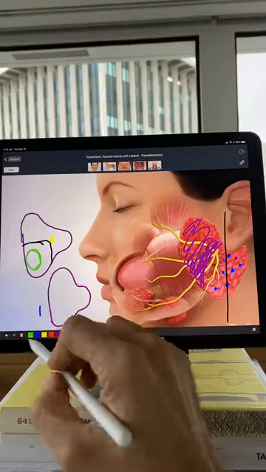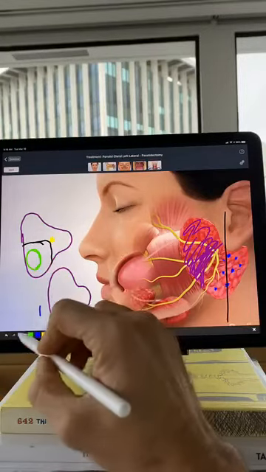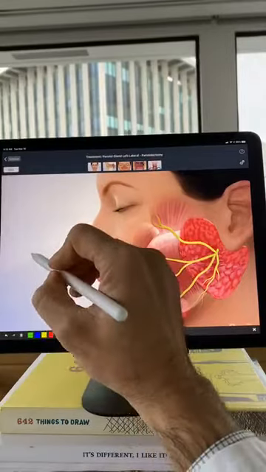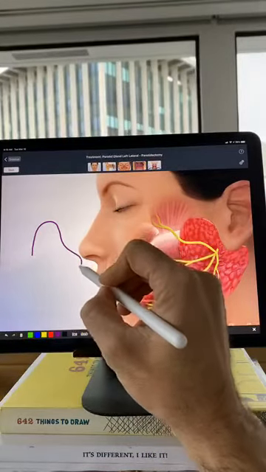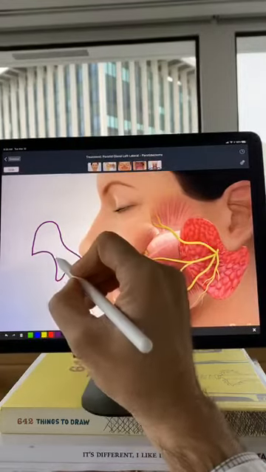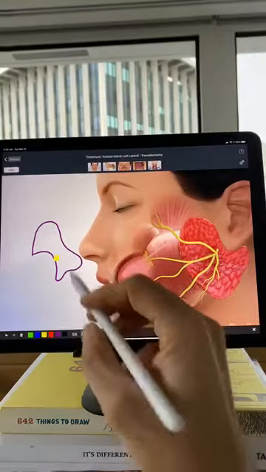Oops, sorry. Actually, I'm going to erase this. So now what's left is that, with the facial nerve being here, right at the edge there, right?